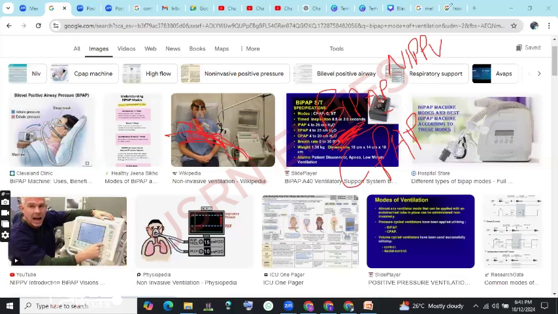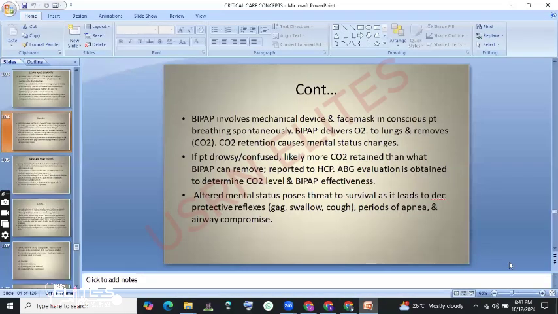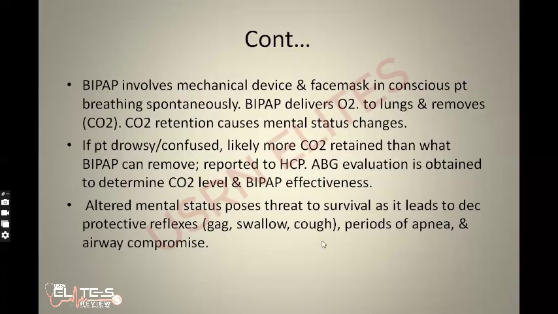All right, so I think you can now appreciate it. We are saying that when a person becomes drowsy, on that diagram I showed you, it could be that the patient is retaining more CO2 on the max.